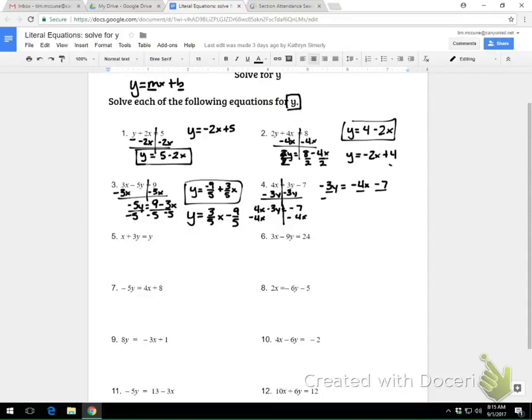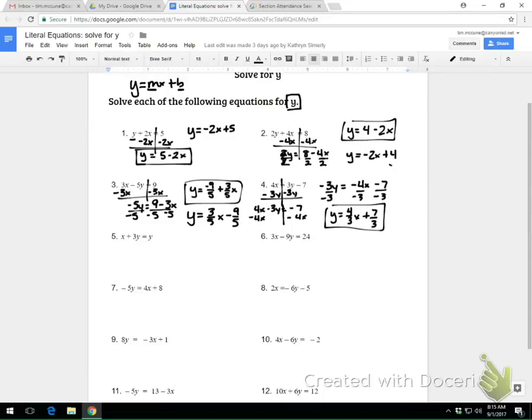Divide by negative 3. So you get y equals negative 4 over negative 3 turns into just 4 over 3x. And then negative 7 over negative 3 turns into positive 7 over 3. Pretty simple. Yes, no? You're just getting it in y equals mx plus b form.